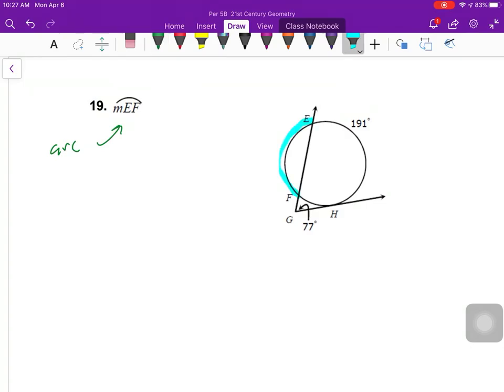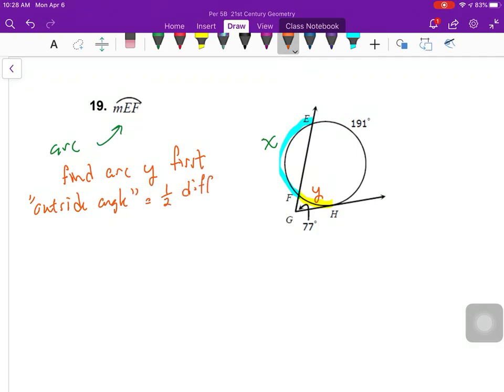Okay, looking for an arc. The arc from E to F. This is the arc we're looking for. I'm going to call that x. This is one where, again, I think we're going to find a different piece first. So let's find arc y first. We have an outside angle, and that's going to equal half the difference of the arcs.